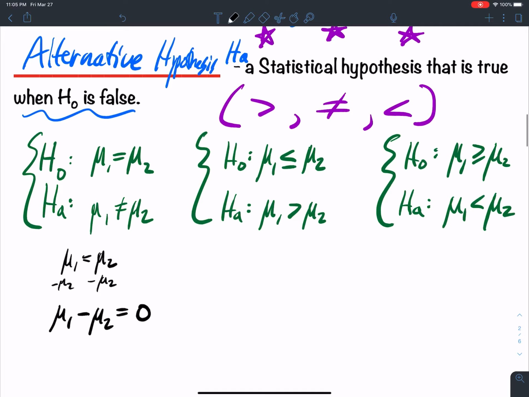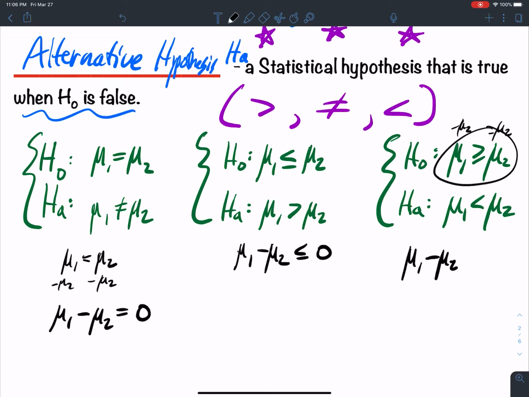Okay? Over here, if I do minus mu2 again, I get mu1 minus mu2 less than or equal to 0. And then over here, if I take this and subtract mu2 from both sides again, I get mu1 minus mu2 is greater than or equal to 0. Okay?